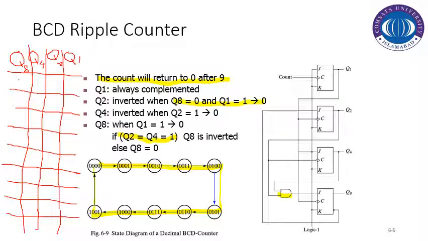So the possible values of the output are basically represented within the state.